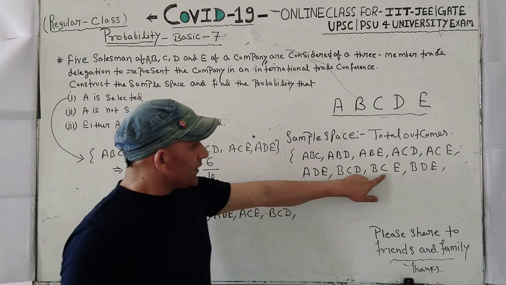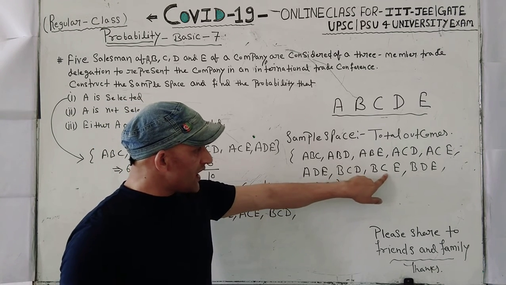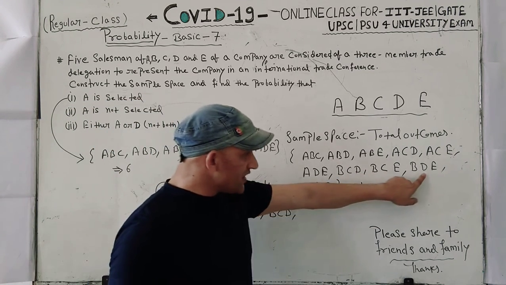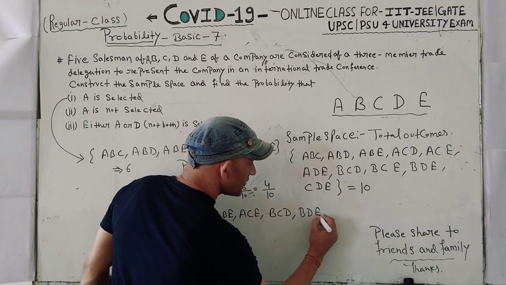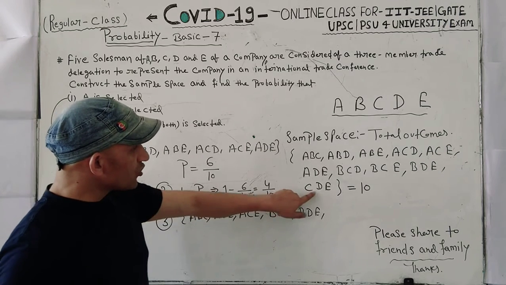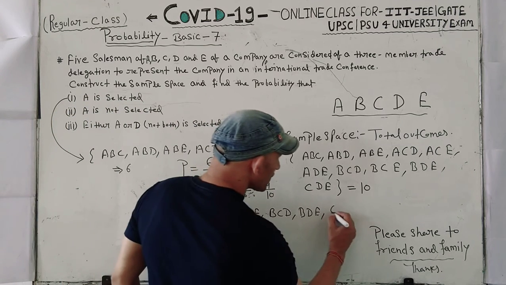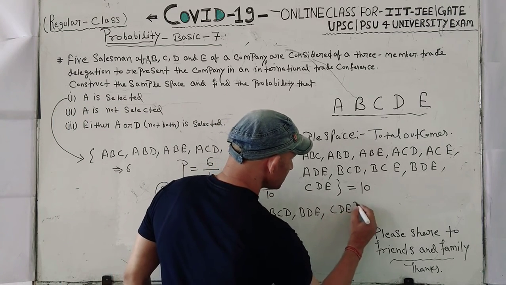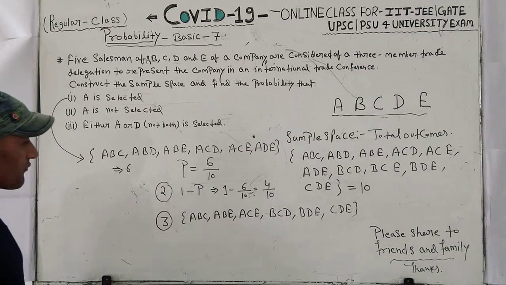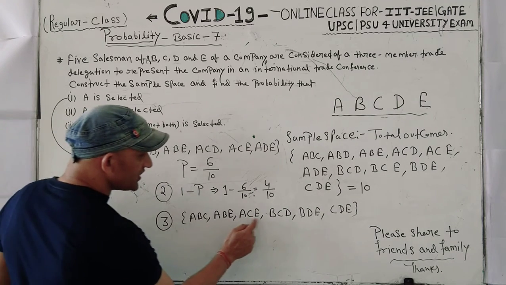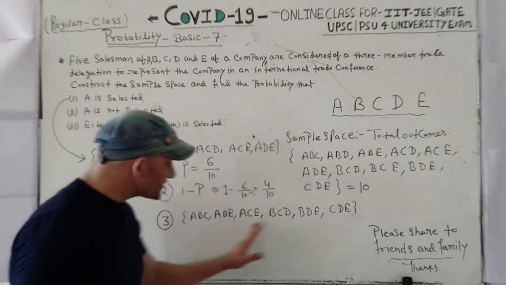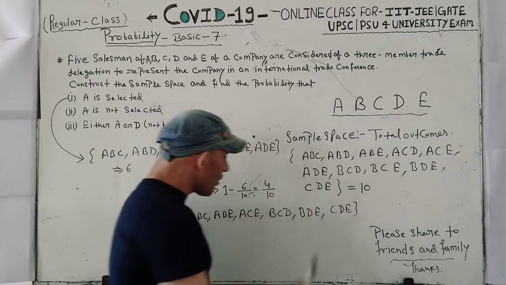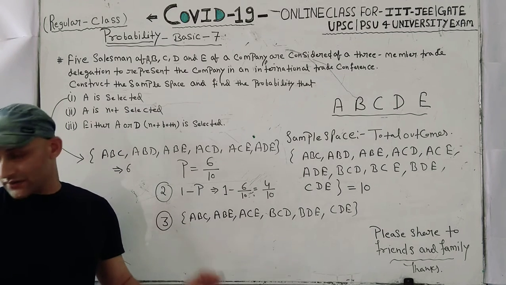Now here A and D are both not present. Here D is present, so we take B, D, E. Then here D is also present, so the case is C, D, E. So there are a total of 6 cases where either A or D is present.